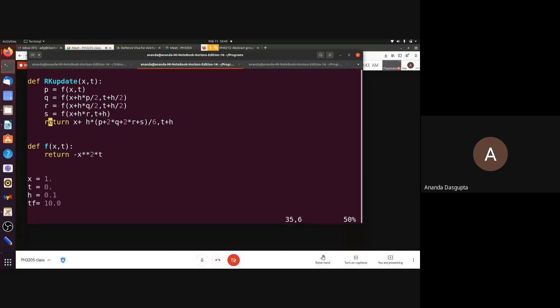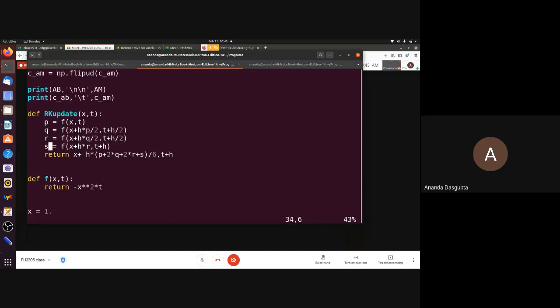So the code up here should be pretty familiar to all of you. Right? What is this? It's just a standard Runge-Kutta fourth order. Now, why do I have a Runge-Kutta fourth order code at all here? The answer is that in order that you start the method, you need k previous values, right?